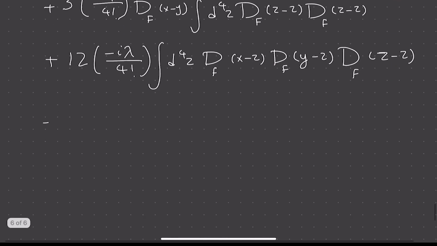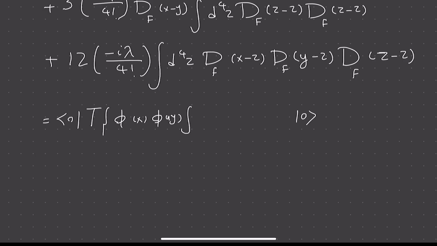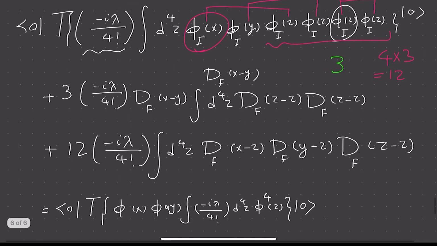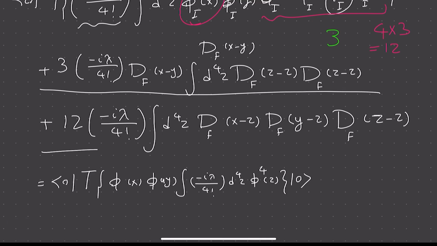So this is going to be up to the first term, the time ordered of phi x, phi y integral of minus I lambda over 4 factorial d4z of phi 4 of z. Okay? So we broke it into 1 term and 2 terms. And pay attention that the integral is just going to sum over z. So we are counting all possible z. So x and y are fixed.